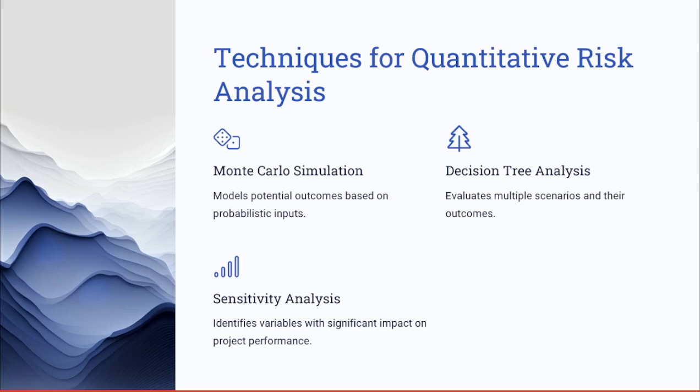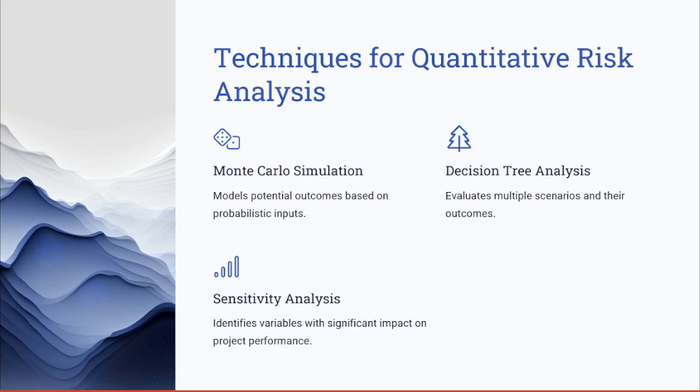So there are several techniques used in quantitative risk analysis, each of them offering a unique insight. For example, the first one is Monte Carlo Simulation, a technique that uses probability distributions to model potential project outcomes, providing a range of possible results and their likelihood. The next technique is decision tree analysis, which evaluates different scenarios, incorporating the costs, benefits, and probability of different options.